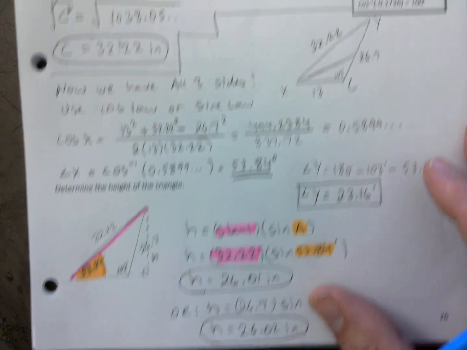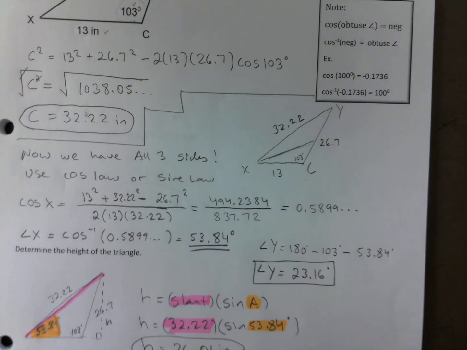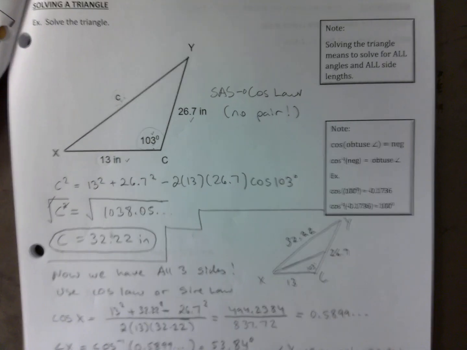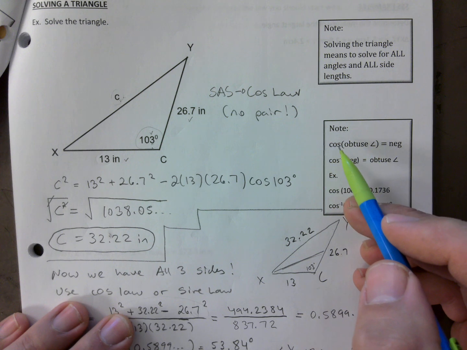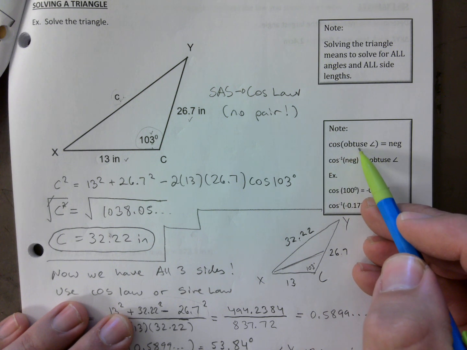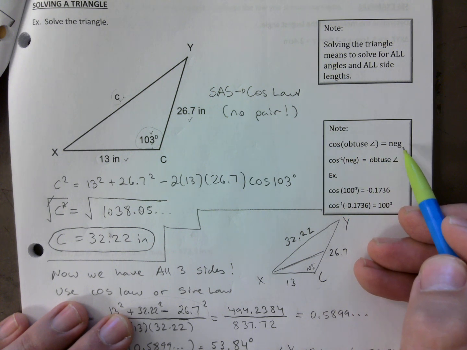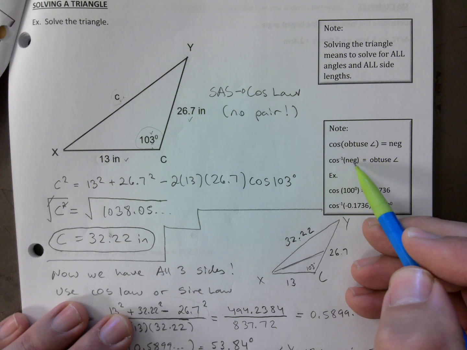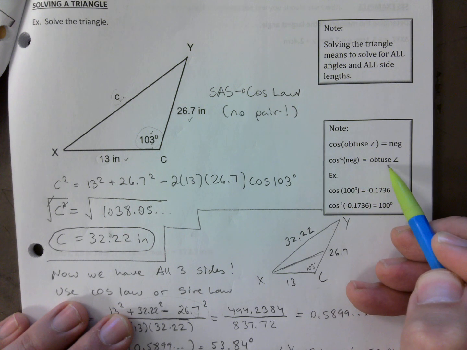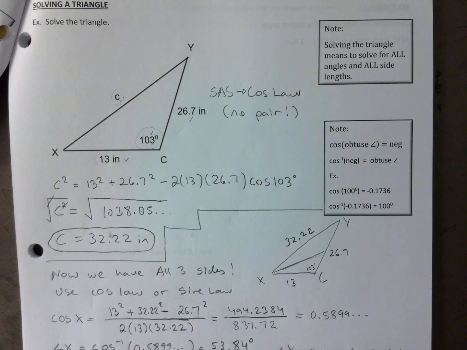What does it say here? Let's just look at the notes. Cos of an obtuse angle will always be negative. Inverse cos of a negative value will be obtuse. Can we practice that once?